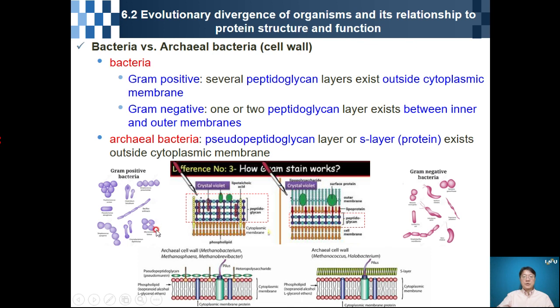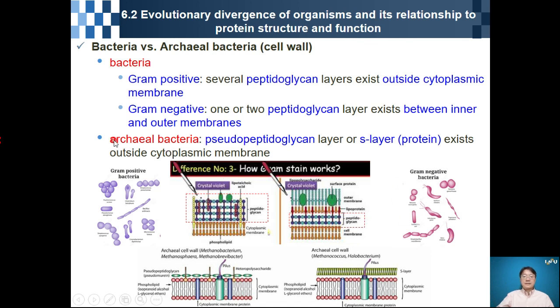How about the gram-negative bacteria? Crystal violet can only stain the space protein. That's why their color looks bright pink like this. So this is the gram-negative bacteria.